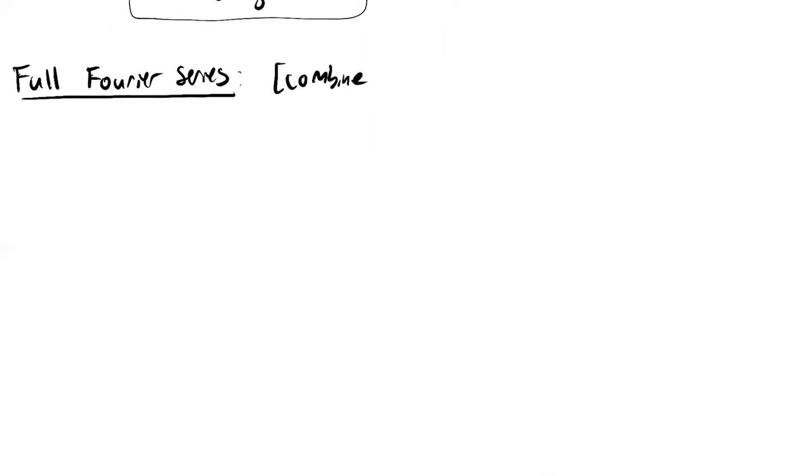And so in this case, it helps to combine the two notions. So we're going to talk about full Fourier series. And this is really just exactly what it sounds like. So we're going to combine the sine and cosine Fourier series into one object, right?